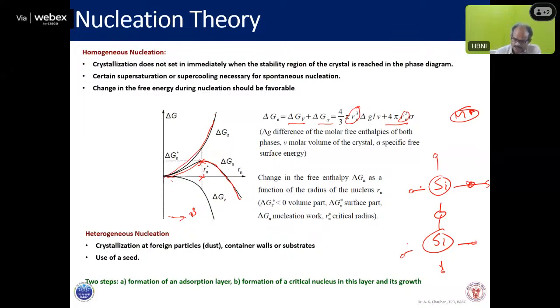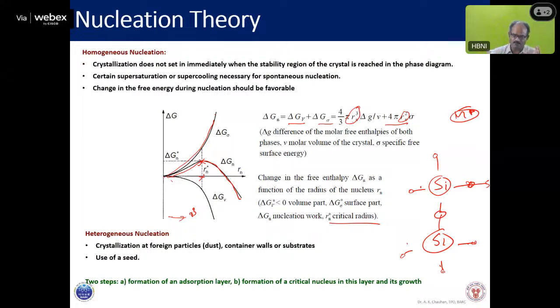This radius is called the critical radius. This is homogeneous nucleation, where atoms come together and try to increase the size, but if the size is below the critical radius, it is not favorable. Two or three atoms will come together, but then they will fall apart and not grow further.